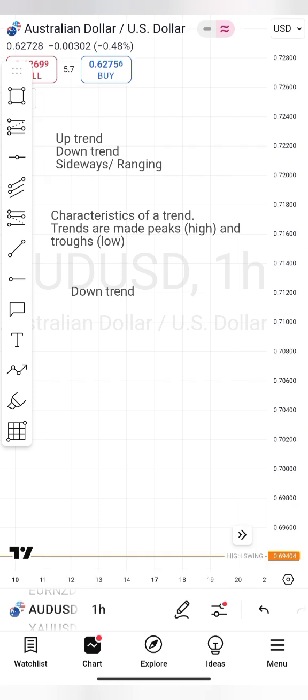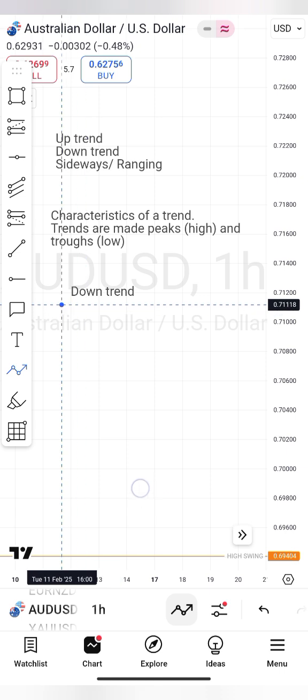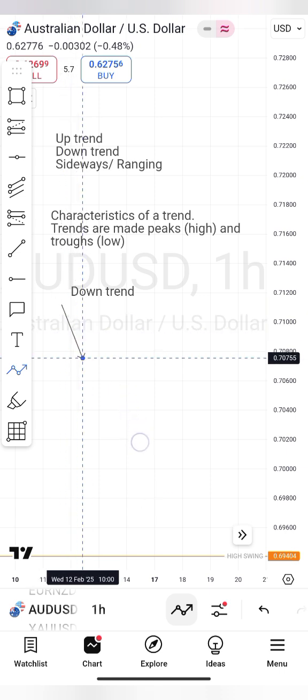As we have already established, trends have characteristics, and trends are made up of highs and lows. For you to spot what trend it is, it depends on whether those highs and lows are moving up, down, or sideways. So let's imagine this is the starting point of a trend.